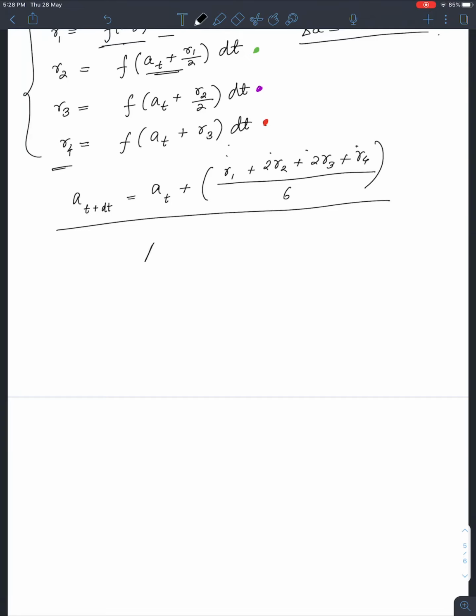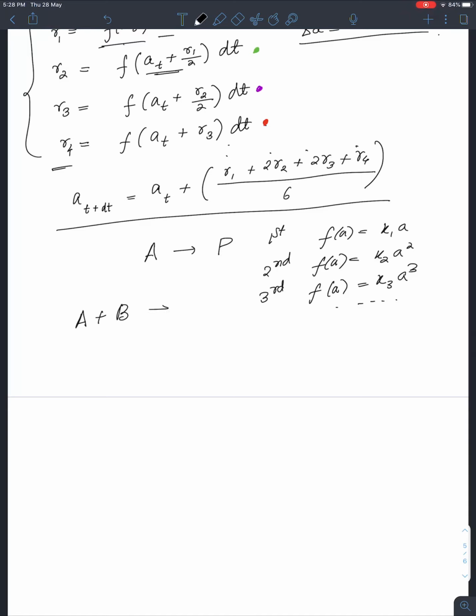Let us see how we are going to take this Runge-Kutta method and do an integration. Let's say first order kinetics, A gives P. What do we have? F(A) is equal to k1 A. For second order kinetics, F(A) is equal to k2 A squared. If it's third order, F(A) is equal to k3 A cubed, and so on.